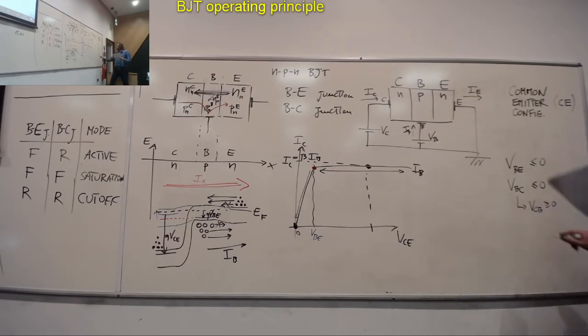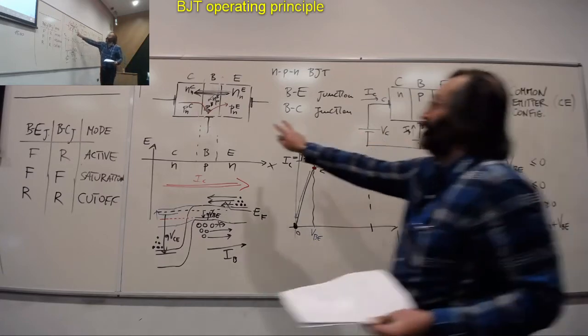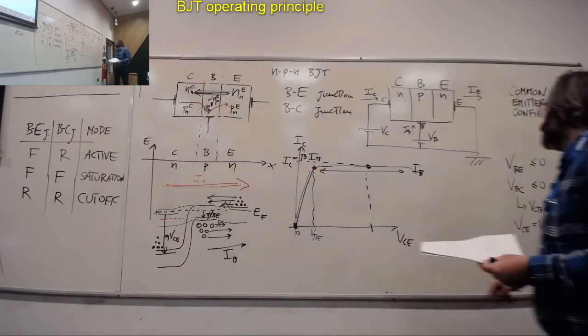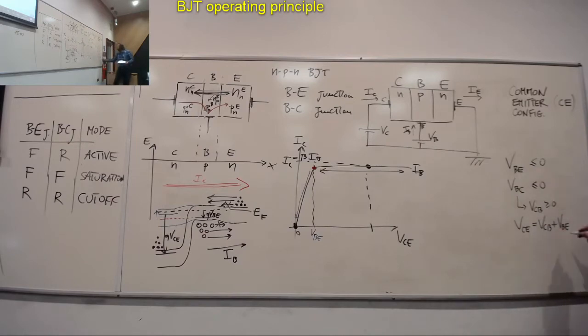And so VCE, which was VCB plus VBE. Now, we said, for us, VBE, we never consider VBE negative. Maybe equal 0, yes, when we switch off effectively, there is no current through the BE junction. So really this for us means roughly 0.